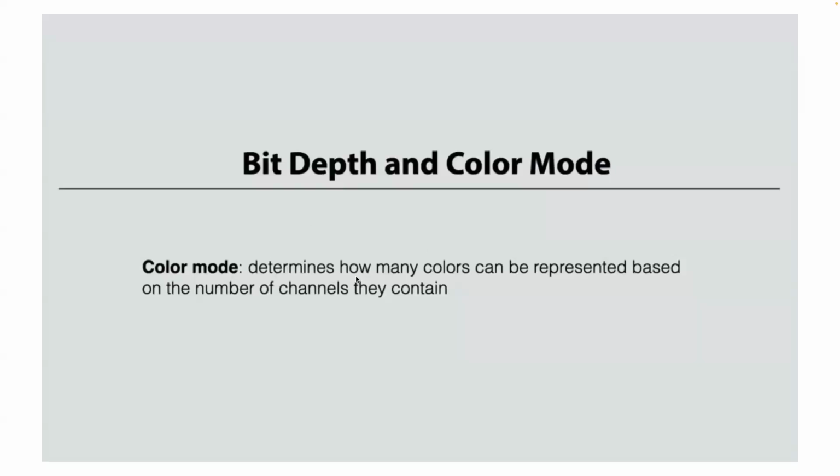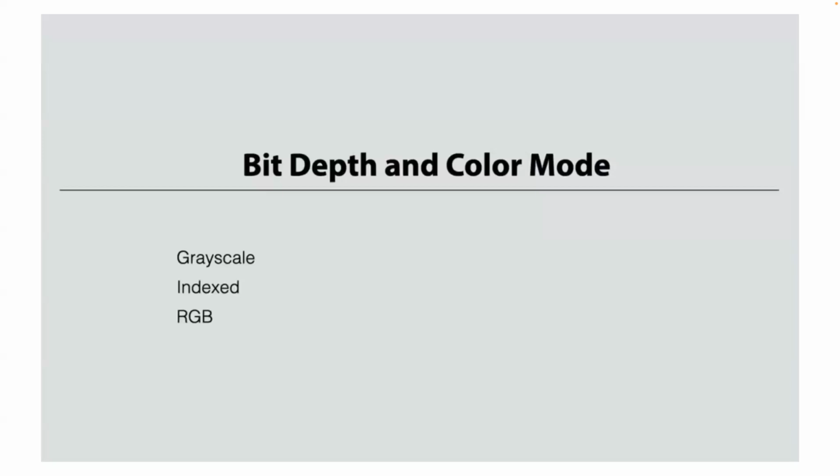So color mode, okay, there are different color modes that we can set our file to, and we can switch back and forth between them. We've got grayscale. Grayscale means there's just one channel, not RGB.